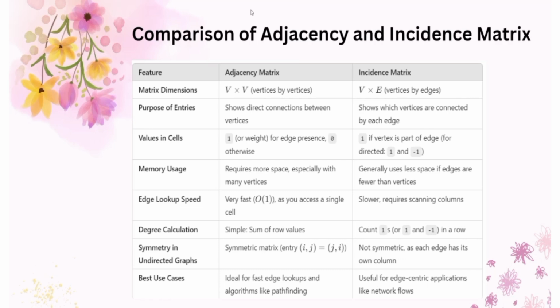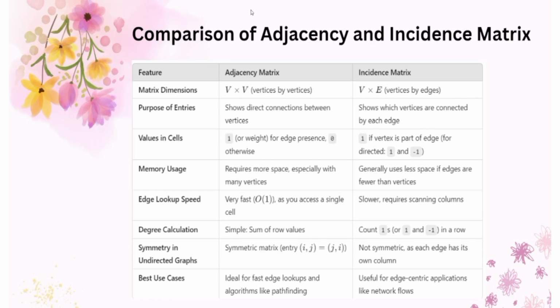Edge lookup speed. In adjacency matrix, you can quickly check if two vertices are connected by looking at a single cell, which is very fast. In incidence matrix, finding if two vertices are connected by an edge is slower as you need to scan through columns to see if they share the same edge.